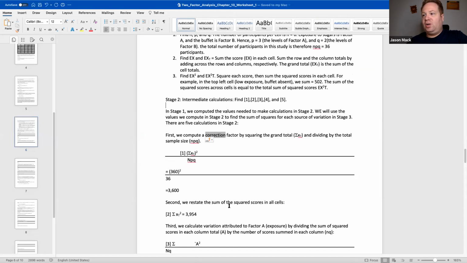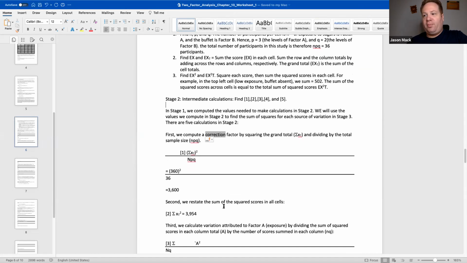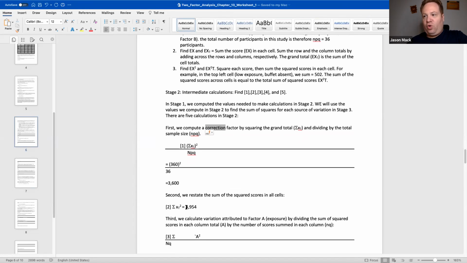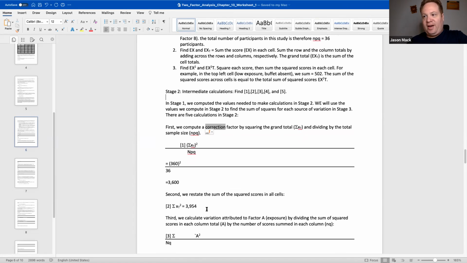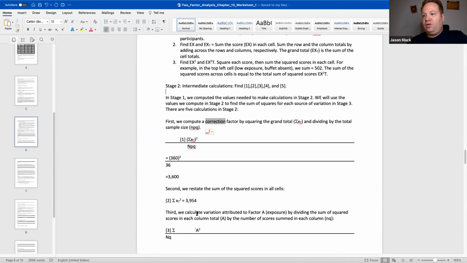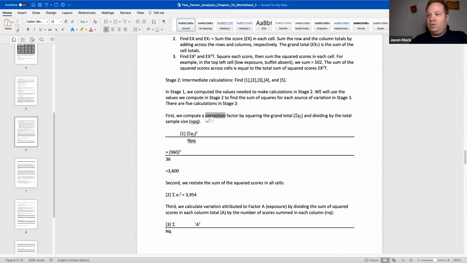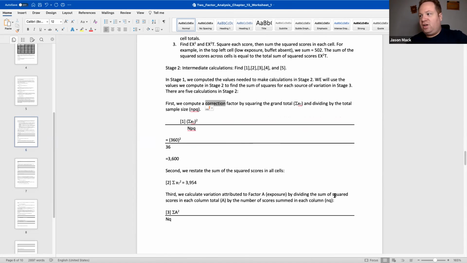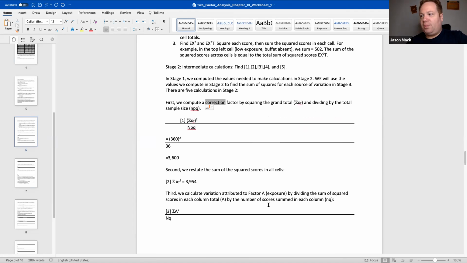Second, we restate the sum of all the squared scores. If you remember in the Excel sheet, and feel free to pause, the total of all the squares was 3,954. I'm just restating that number. Third, we are going to calculate the variation attributed to factor A, exposure, by dividing the sum of the squared scores in each column, total A, by the number of scores summed in each column, n.